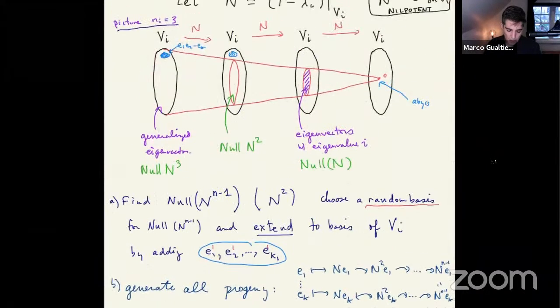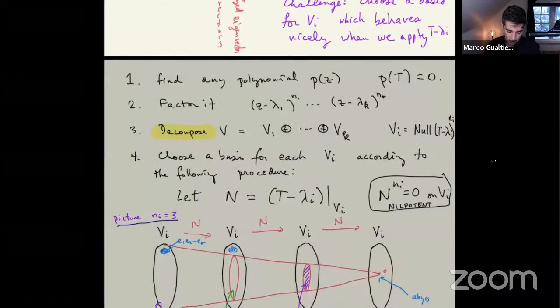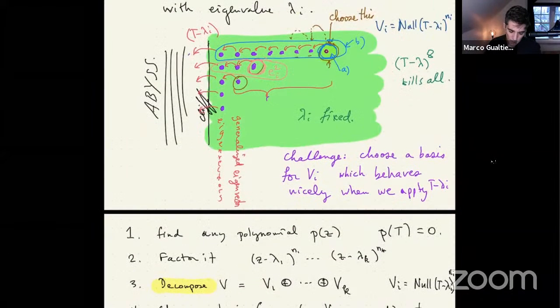It's in the second step. So let me explain what is going on. So in the second step, right, what I said is, well, okay, technically here we would be looking at n to the, 1, 2, 3, 4, 5, 6, 7, 8, let's say, and you would do n to the 7, n to the 6, n to the 5, n to the 4, n to the 3, and then at n to the 3 you would find an additional vector.